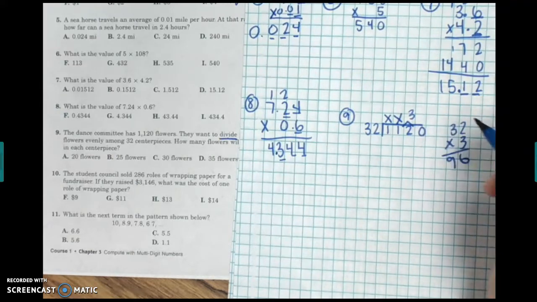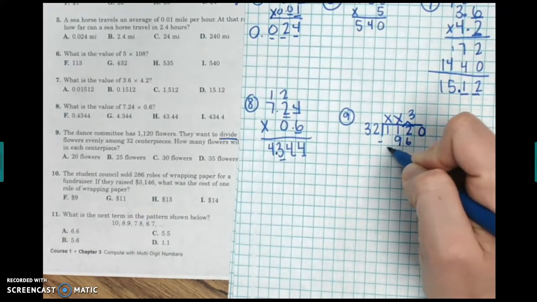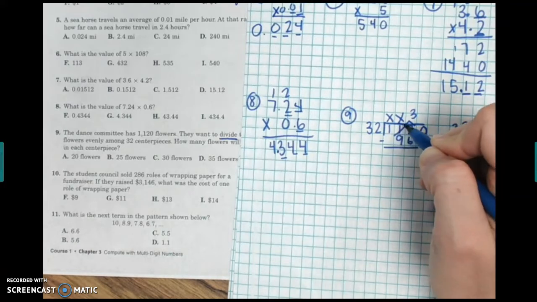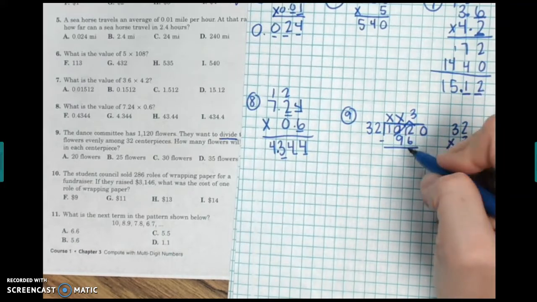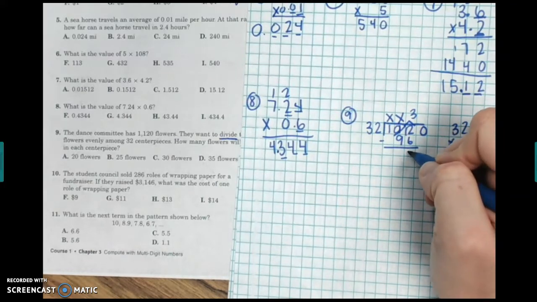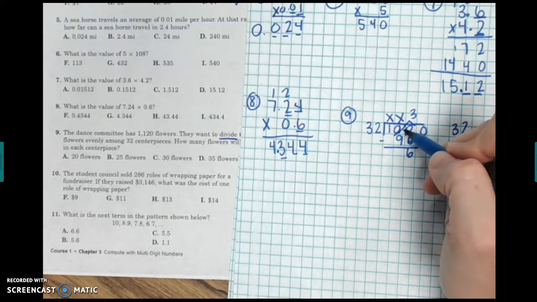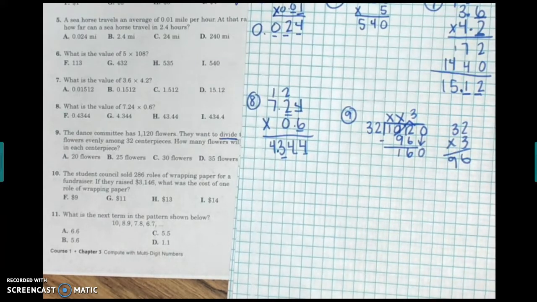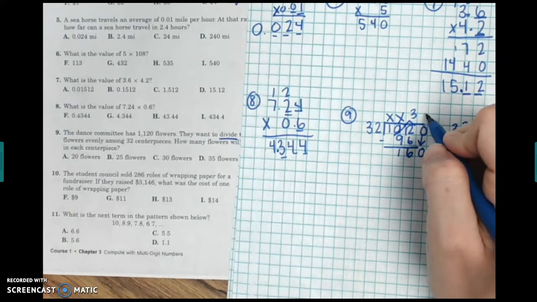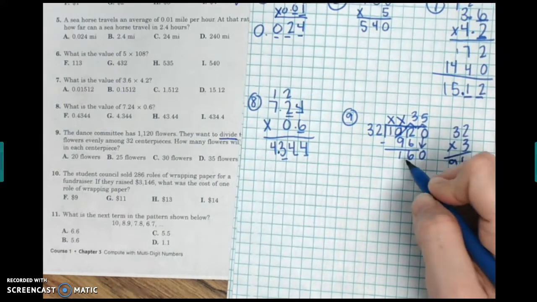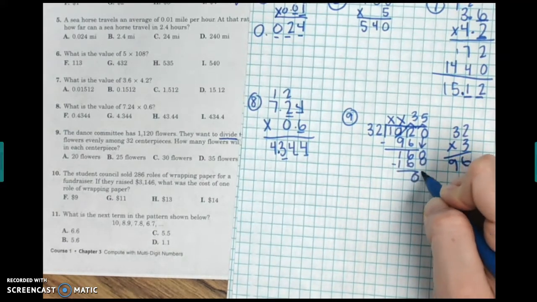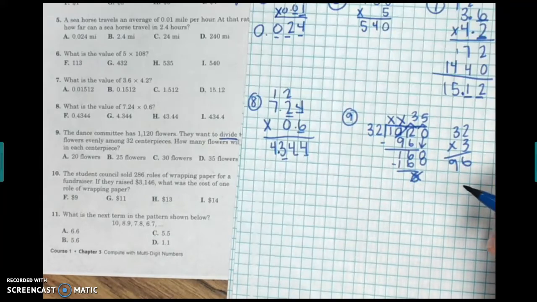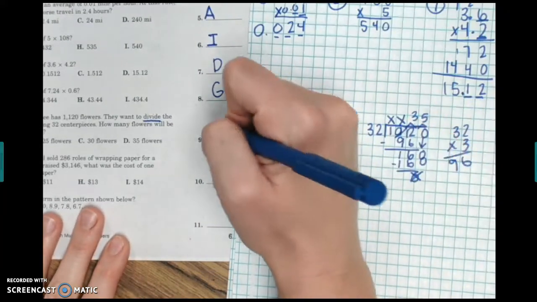So, that'd be 3. Oh, we get a 6 here. Over here, we get a 16. Bring it down. What should we multiply that by? 5. Well, it goes in evenly. So we get 35, which is letter D.